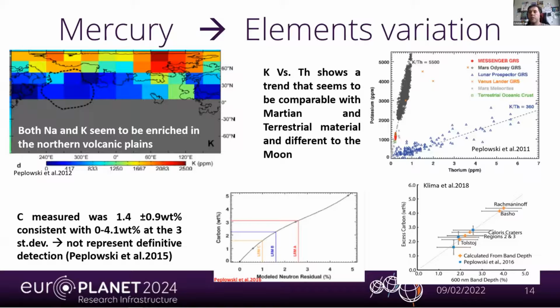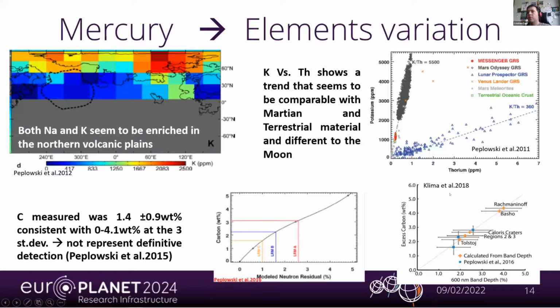And it seems that there is also a relationship with some parameters that we can obtain from the MDIS dataset, so the different channels of the cameras, that permit to relate the variation of these three sites, which are these three blue squares on the right plot, with the carbon abundance. So it seems that these parameters, we can say band depth, but in truth a change of slope around 600 nanometers, permit a correlation from the reflectance properties to the abundance of carbon.